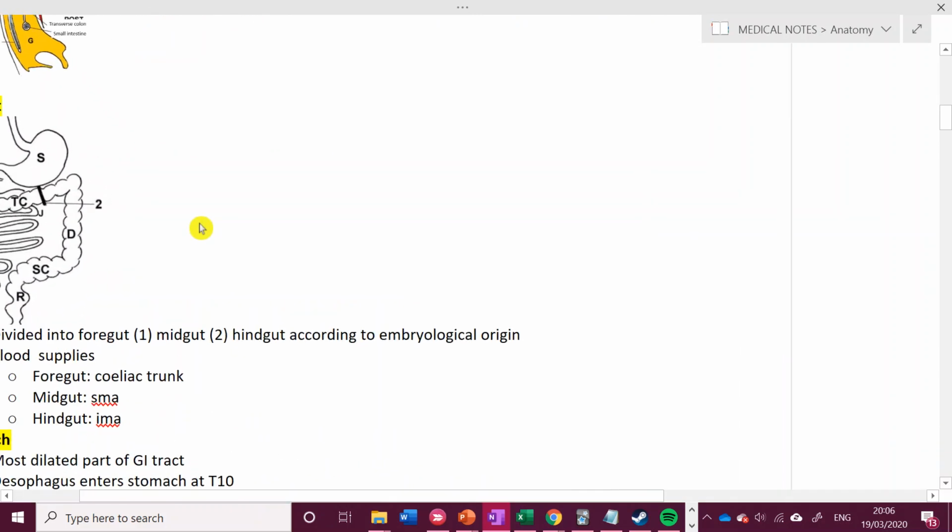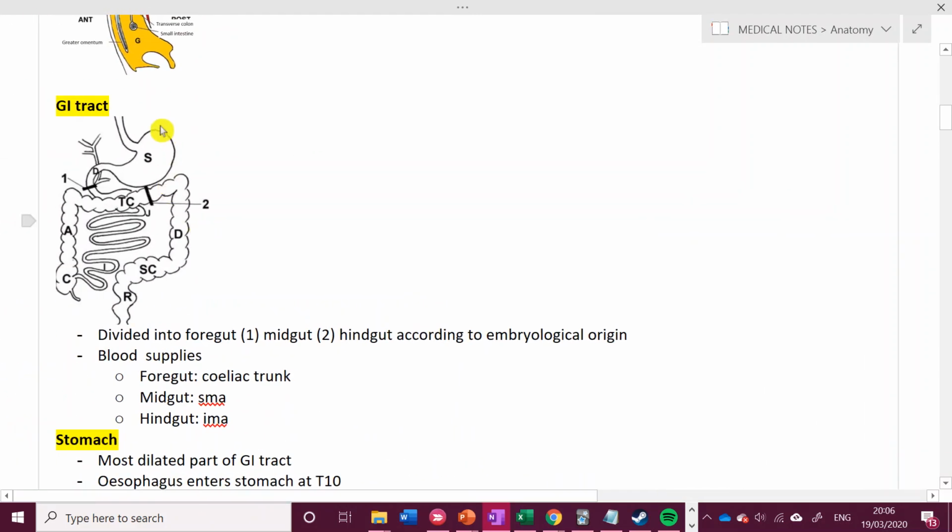So how is the GI tract divided up? Well, it's divided into three regions: the foregut, which is the stomach and part of the duodenum, and the midgut, so the duodenum to part of the large intestine. So basically most of the small intestine, and then the hindgut after that, for this part of the colon.